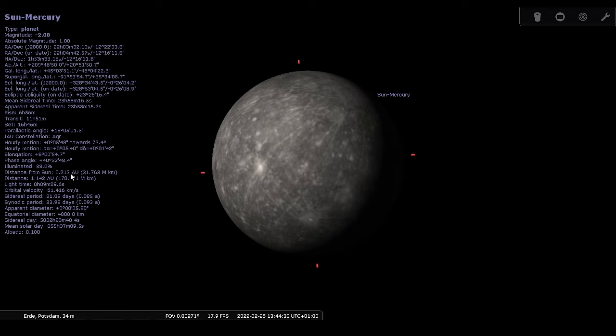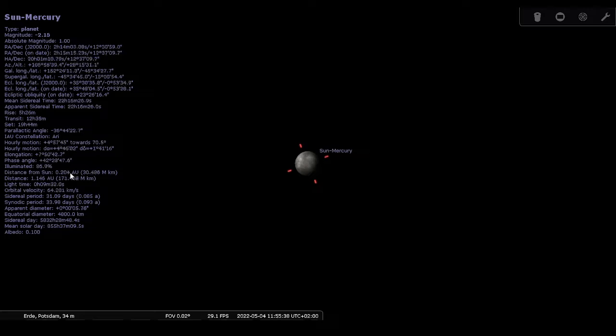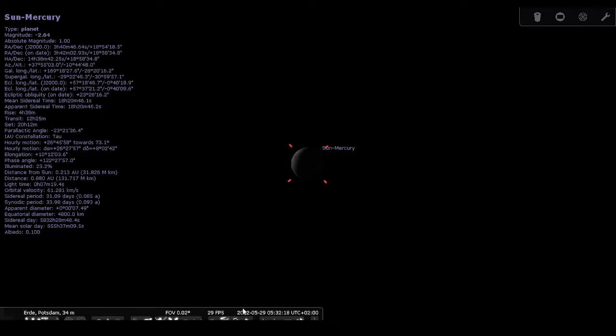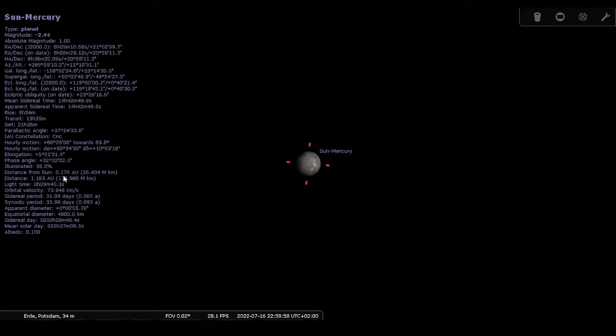Distance from the Sun, these values are changing a bit because I've given them some elliptical orbits. If we are looking time forward, with the time passing forward, you see the distance between the Sun and this hypothetical planet is changing.